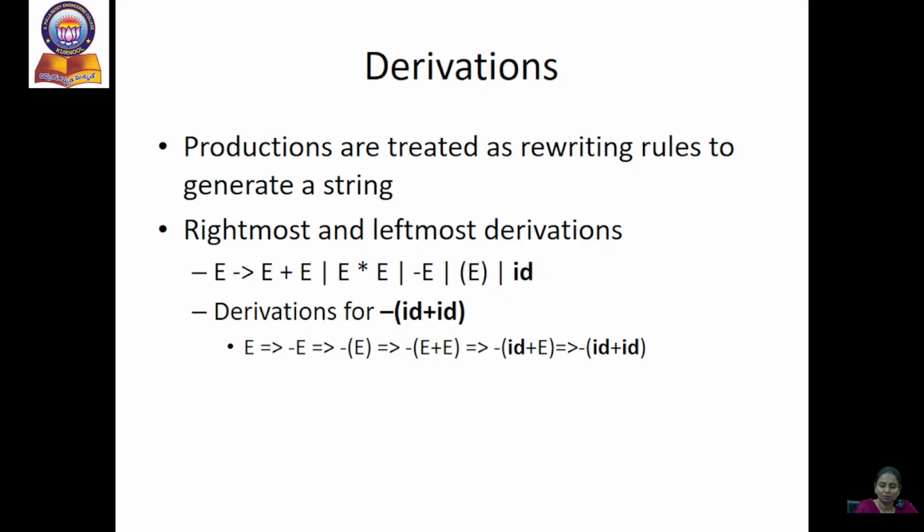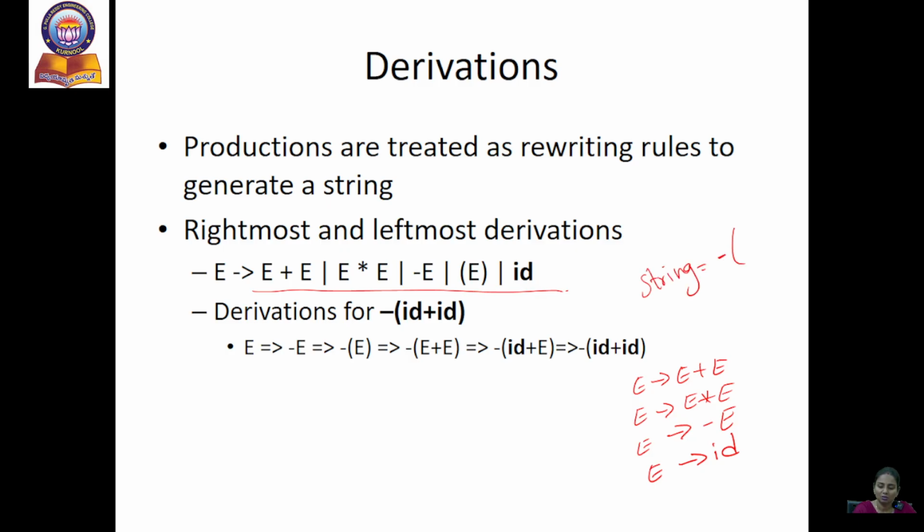Let's take E derives E plus E, E derives E into E, E derives minus E, and E derives ID. I have written the sequence of productions here, and we should derive the string minus, brackets, ID plus ID.